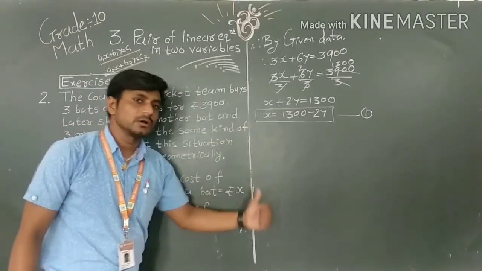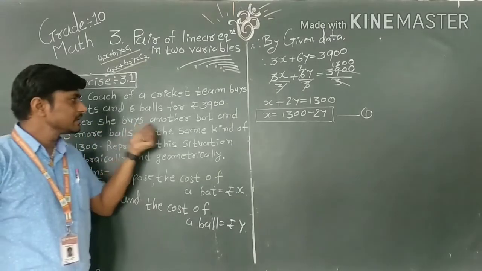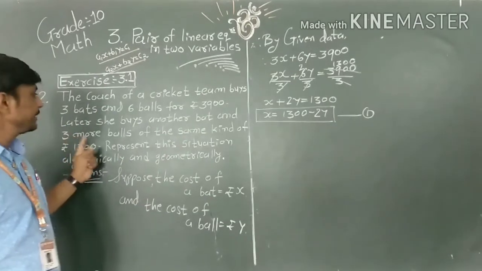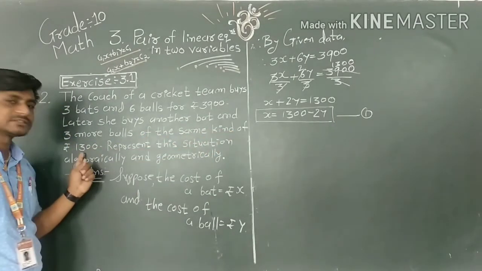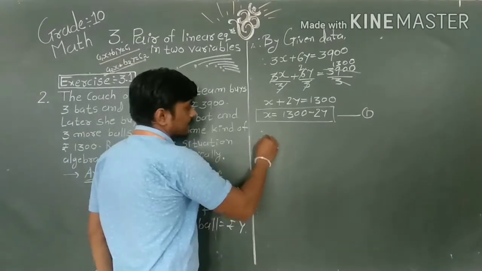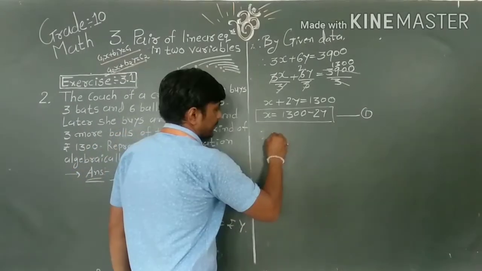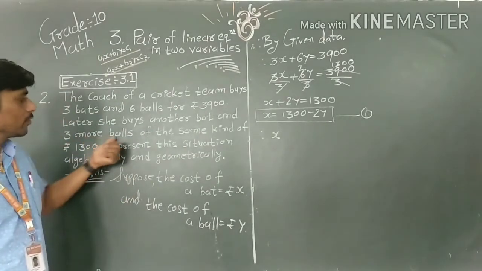Okay. Now look, what is the second condition? Later, she buys another bat, that means one bat, and 3 more balls of the same kind for rupees 1,300. Therefore, this time we have a single bat X and 3 more balls.